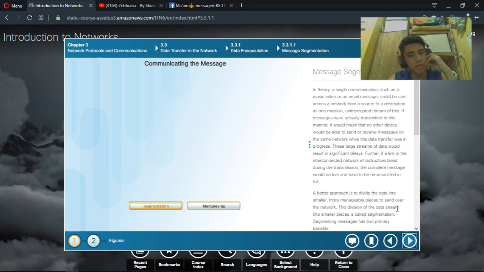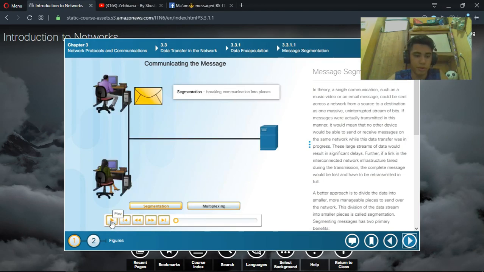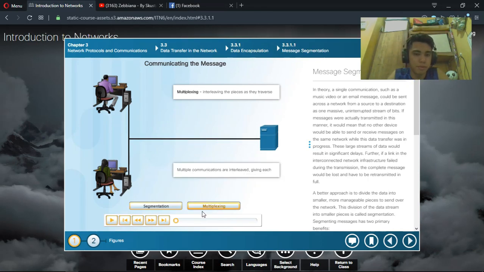Message segmentation. Okay, multiplexing. In segmentation, the message is divided, and the divided message is sent individually to the server.